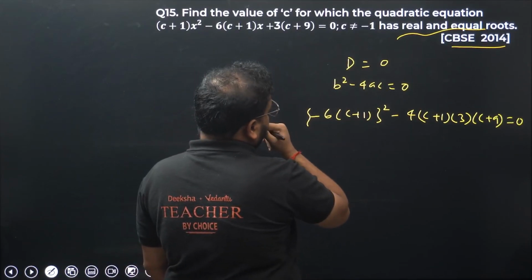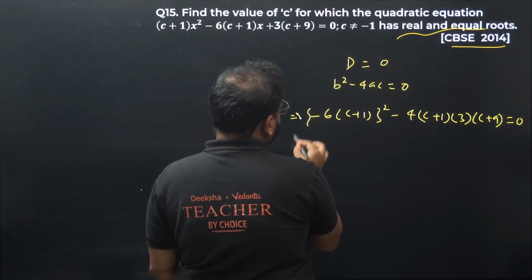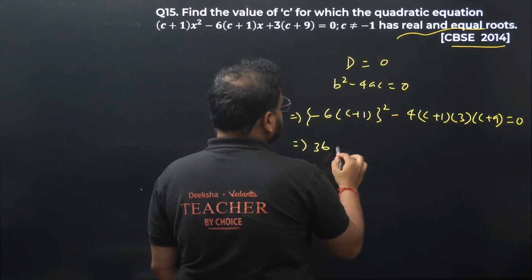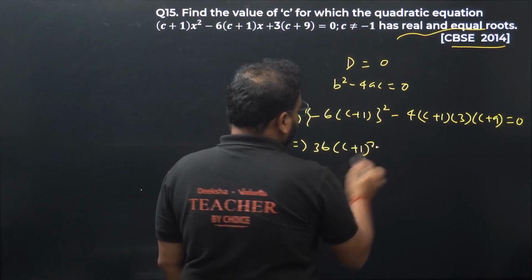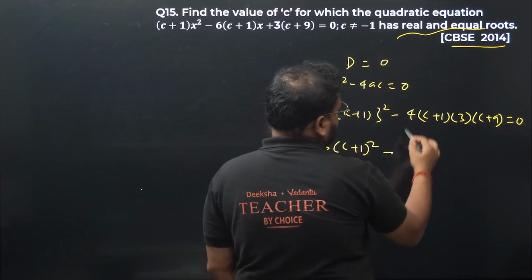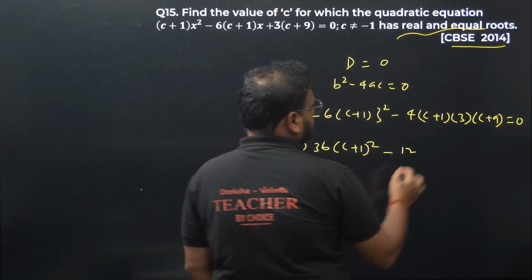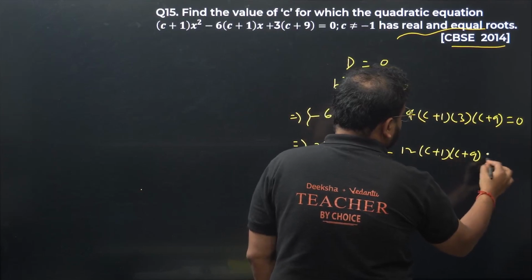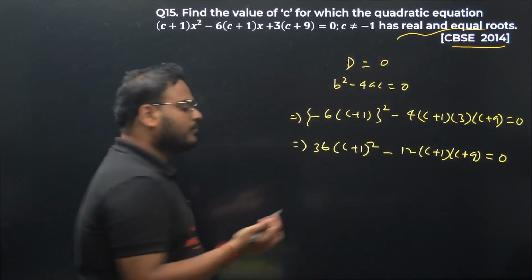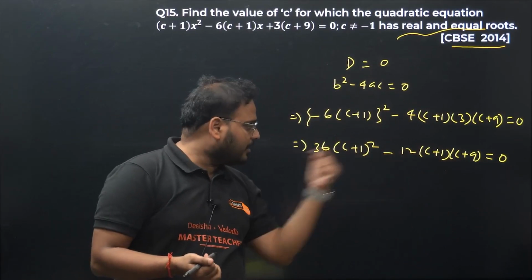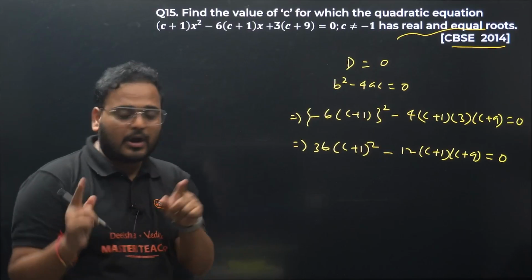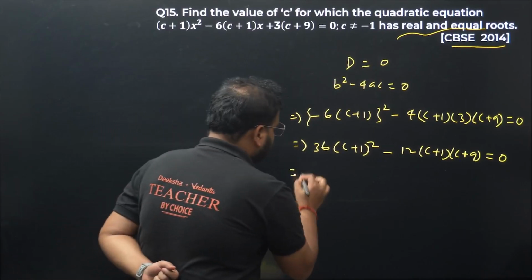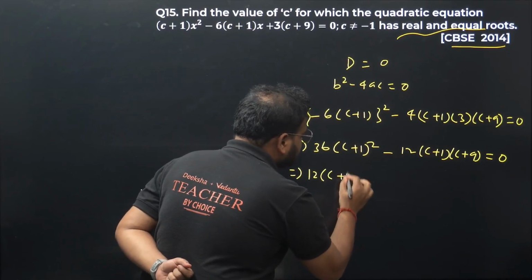Let's see over here what we have. Square of this will become what? 36 times c plus 1 the square minus 12 times c plus 1 and c plus 9 equal to 0. We have 12 common and c plus 1 common in both the terms. Let's take this common. I get 12 times c plus 1 common.